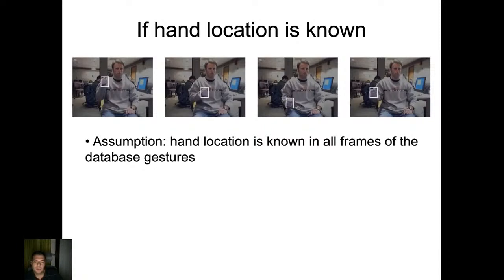We will assume that we have a hand detector, so we just have the hand location. Of course, for training videos, ideally we will need the ground truth bounding boxes annotated by people, or perhaps obtained with some marked gloves that are easy to detect, just to make sure that the ground truth doesn't contain any noise.